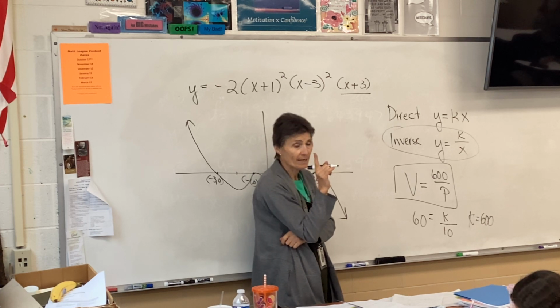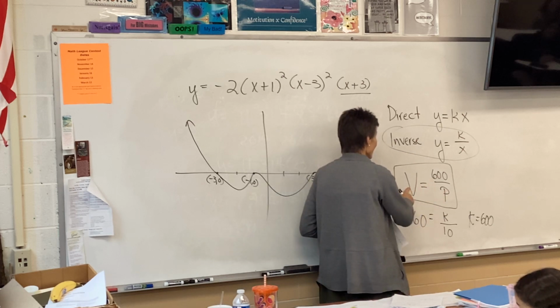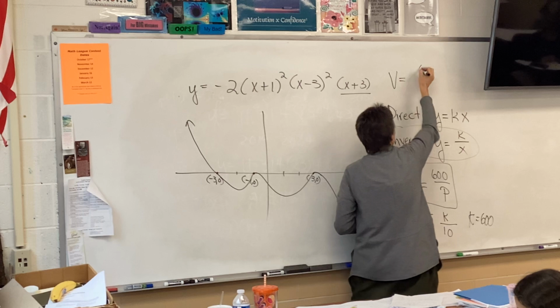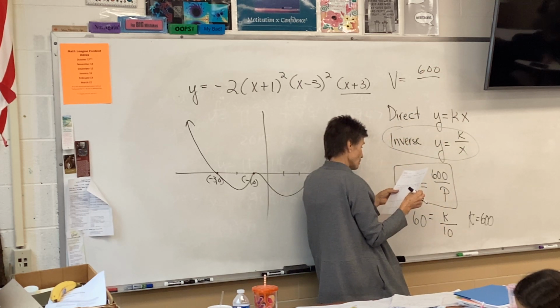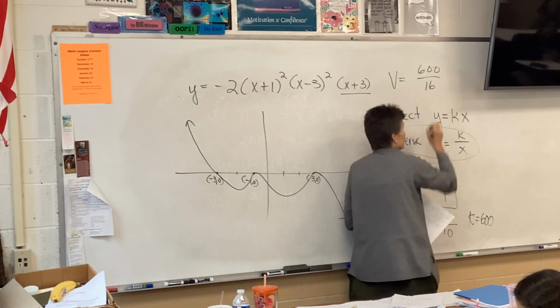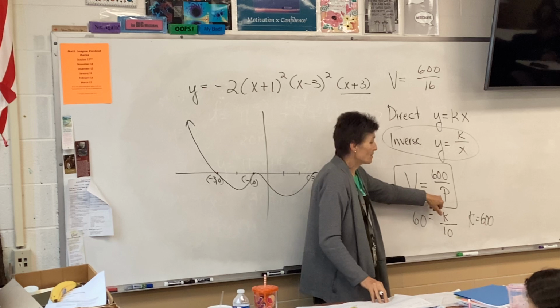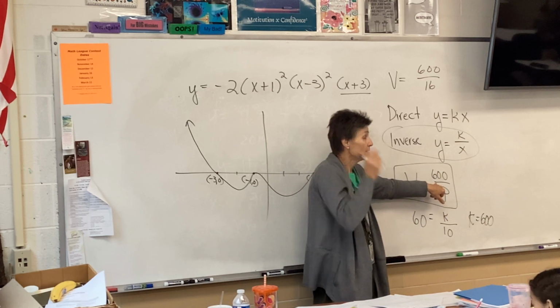Not the answer yet. We still have one more thing to do. Find the volume when the pressure is 16. So find the volume when the pressure is 16, and I already know K is 600. So what am I going to do?